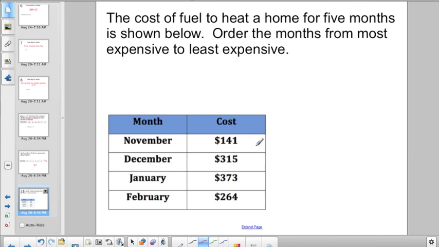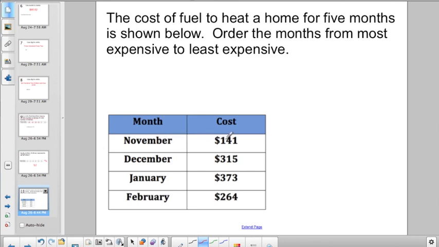Check out this one. I'm not too worried about your ability to order numbers, but I am concerned about some people's reading. So let's take a look. The cost of fuel to heat a home for 5 months is shown below. Here they have the month, here they have the cost.